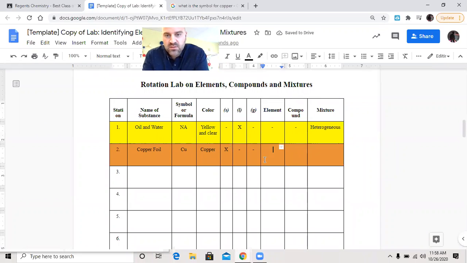I think they're serious. All right, element, compound, or mixture? Yes, Faith. That's how I felt too.